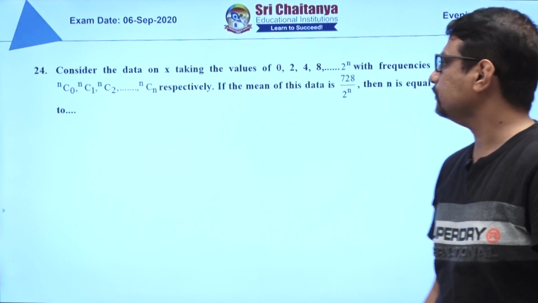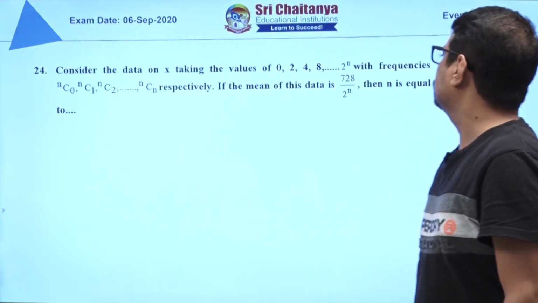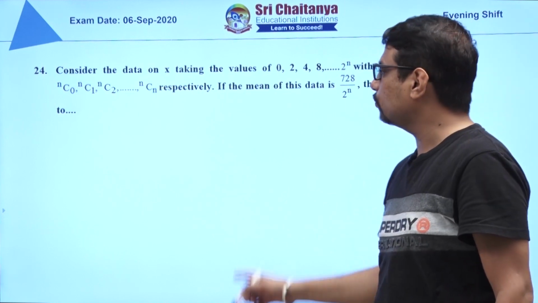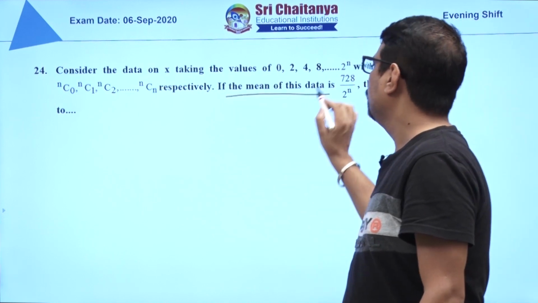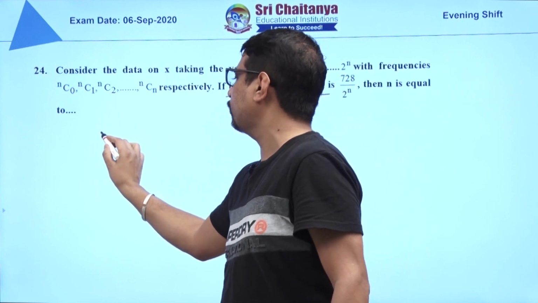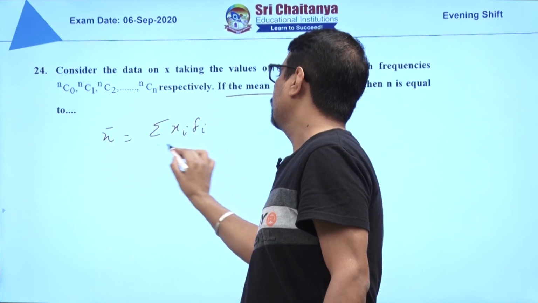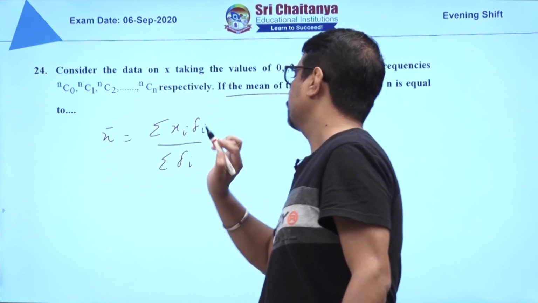Next question. Consider data x. Now, here this is based on the statistics chapter. So, statistics, how to solve this? What is asked? Mean of this data. Mean formula, x bar generally we denote it, and it is summation xi fi divided by summation of fi.